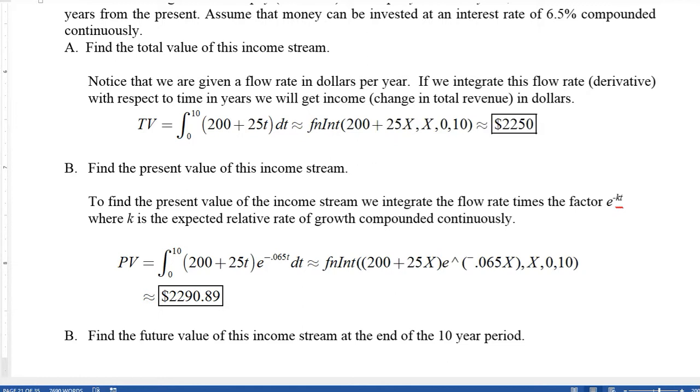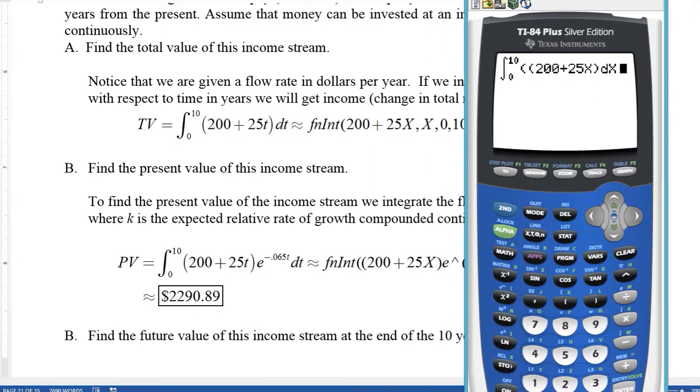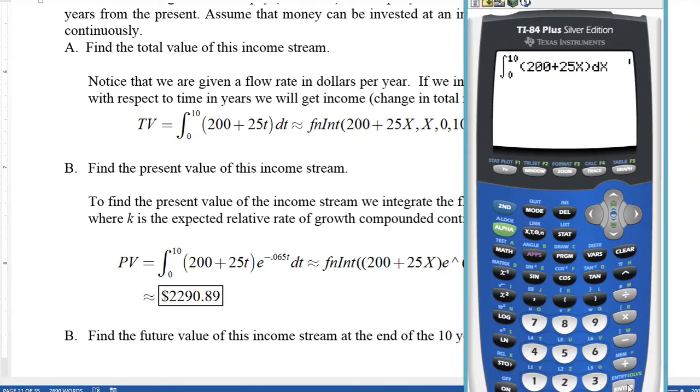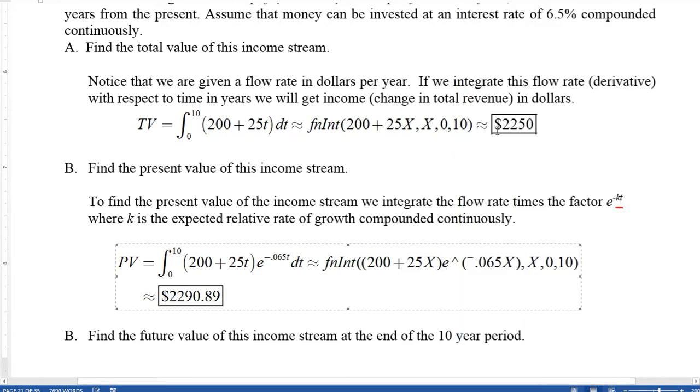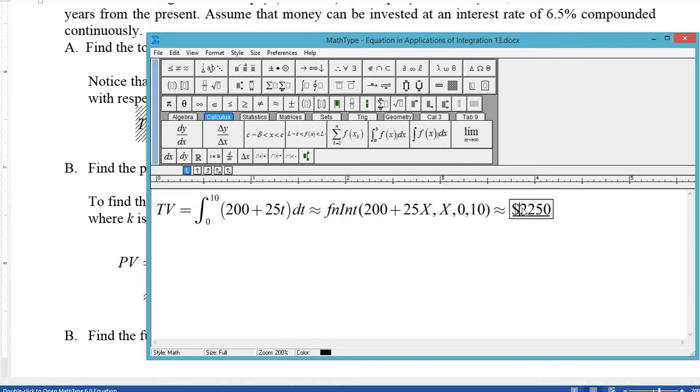Okay, we're going to integrate from 0 to 10, and the function is 200 plus 25x, and we're going to integrate that with respect to x. Okay, there it is in the calculator. Let's see what that turns out to be. 3250. Okay, typo. Something was wrong there.